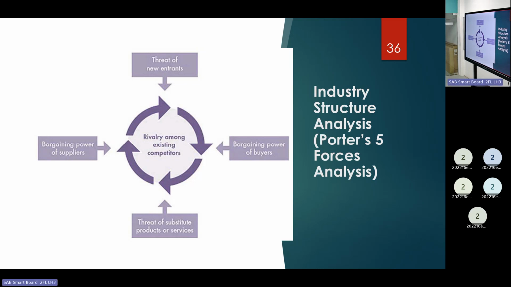Now in certain industries, threats of new entrants is very high. In certain industries, threats of new entrants is low. Now in the Sri Lankan context, if you take some industries where threats of new entrants is low, what are they?